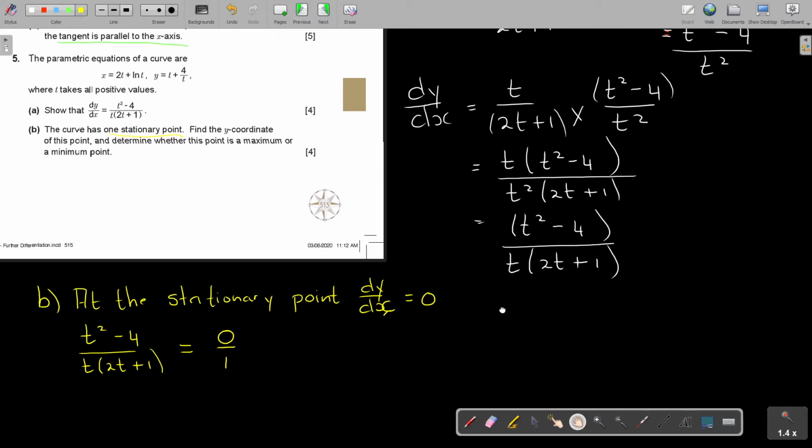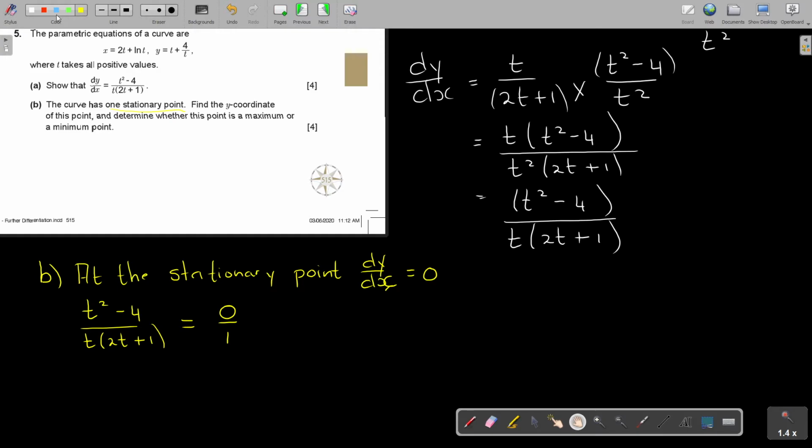Okay, so basically, this is just going to be t squared minus 4 is equal to 0. So I have t squared is equal to 4, not 2. You see, a stupid mistake I make.